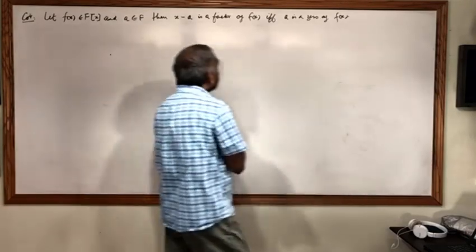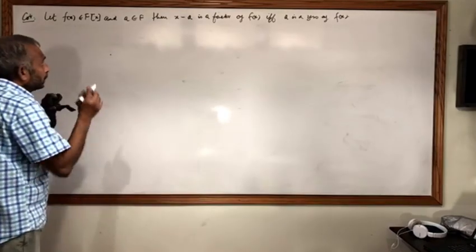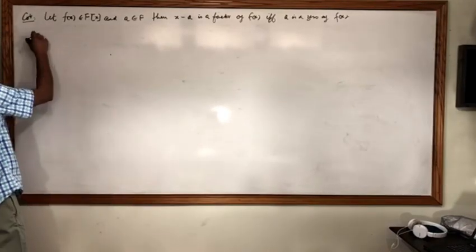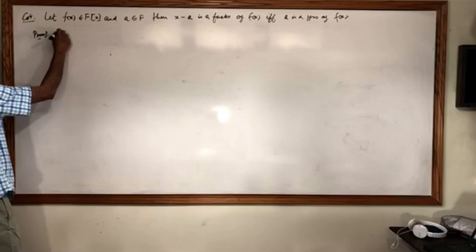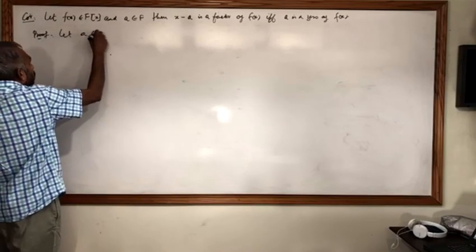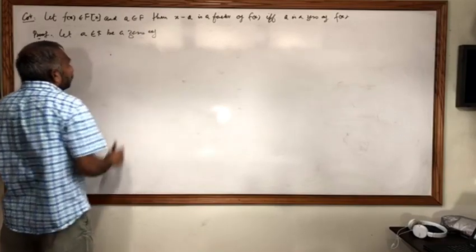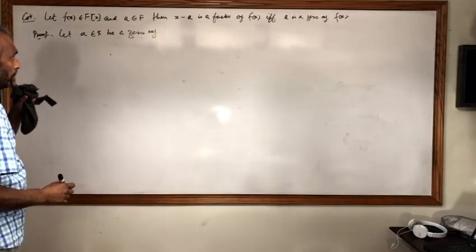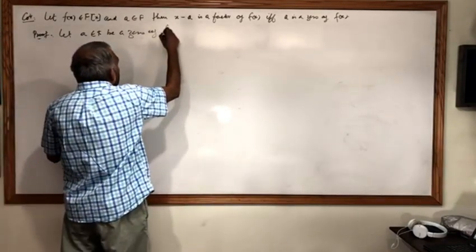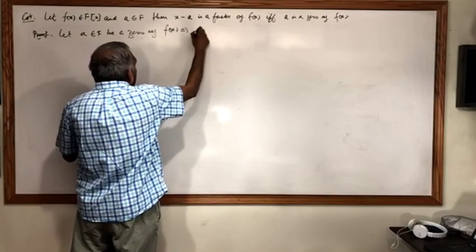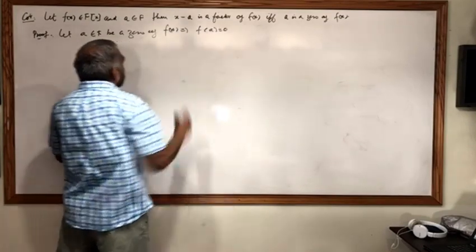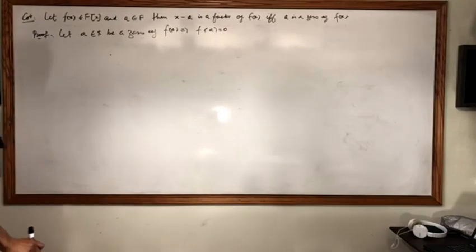So, there are two parts here. Let a belonging to F be a 0 of f of x, and that implies f of a is equal to 0.